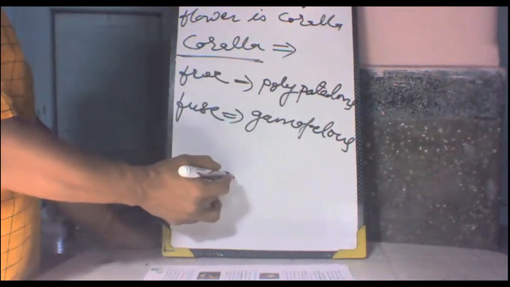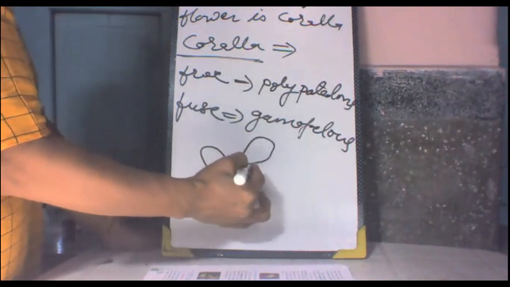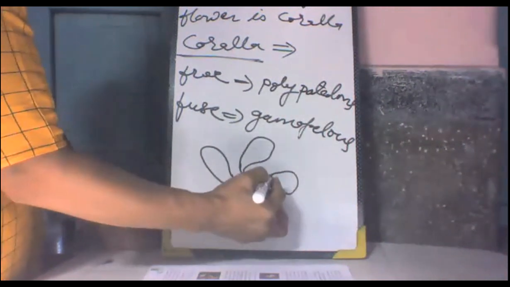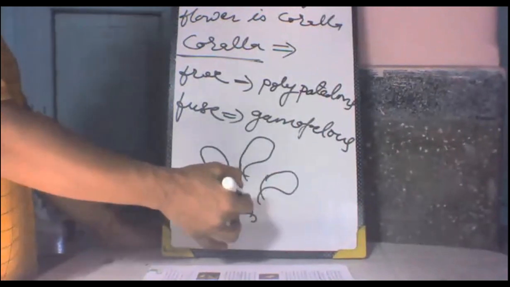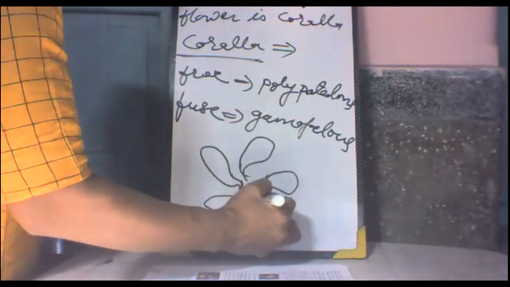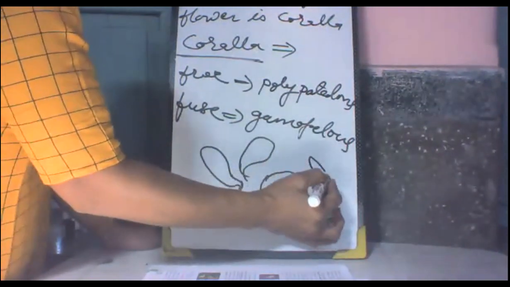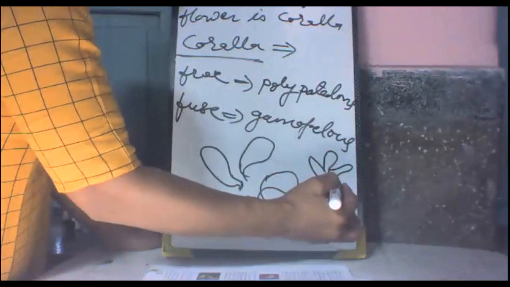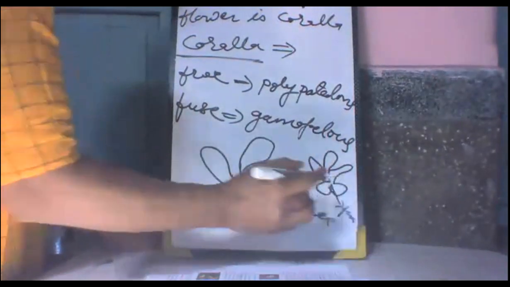Same here, suppose they are free, not attached to one another. This type of arrangement is free. In some cases, they are joined, fused to each other. That is known as a fused arrangement.